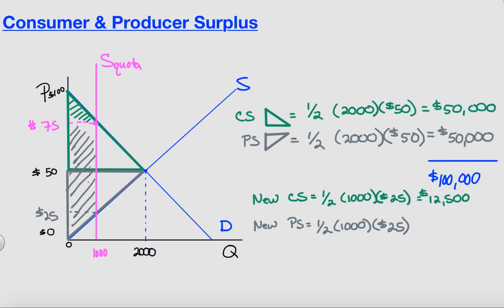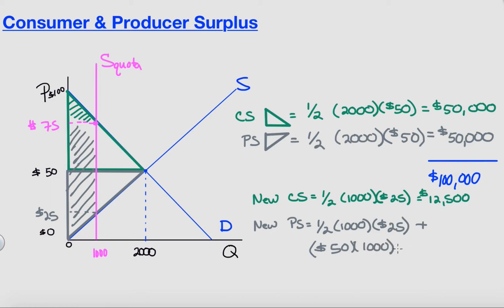You wouldn't be able to figure this out as easily if you didn't have that in there. So the new producer surplus is this little triangle plus this rectangle right here with a base of, it's not a triangle, so we don't need to take half. So it's the base of $50 and the height of 1,000 units.